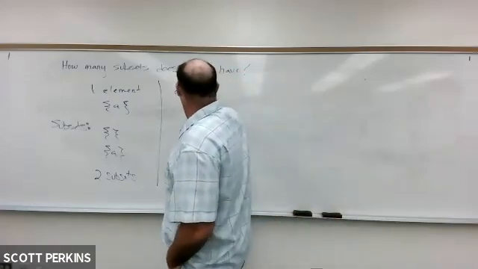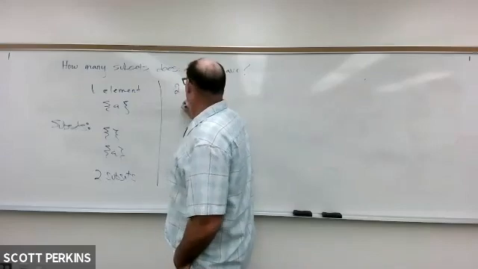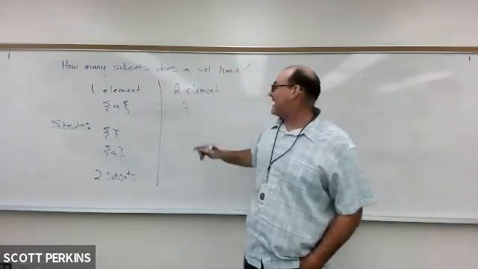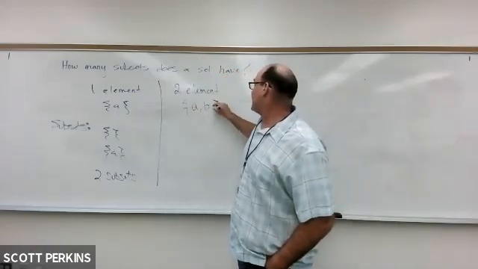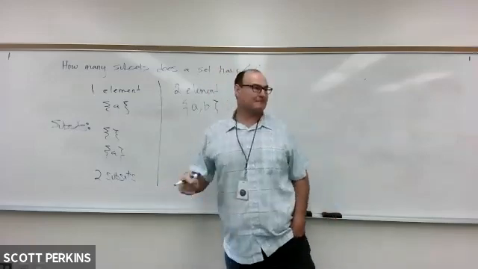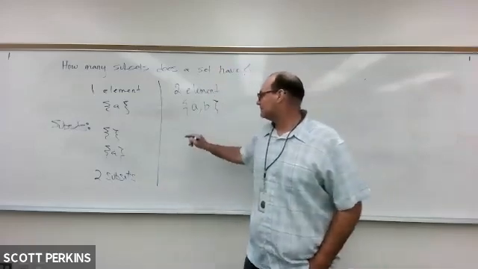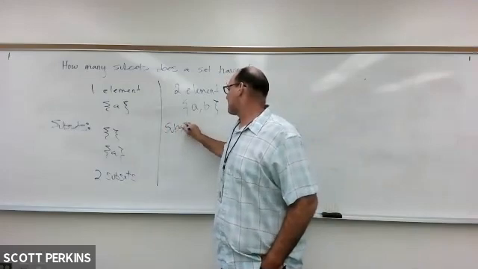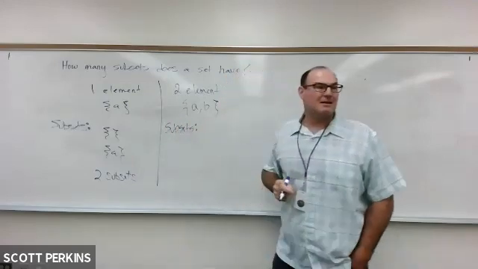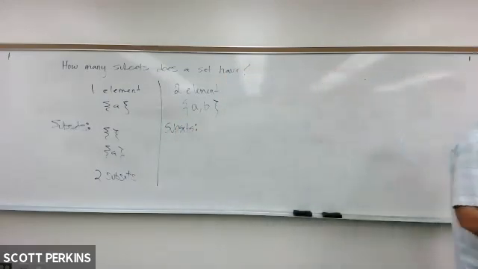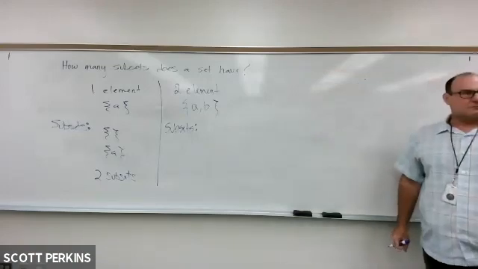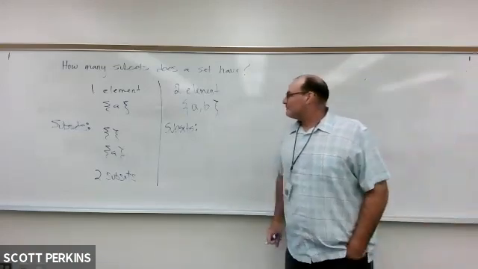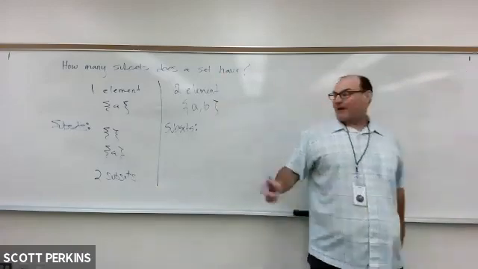A 2 element set. I'm going to be super clever here. Instead of the set with A in it, it's going to be the set with A and B in it. All right, tell me a subset of this set right here.